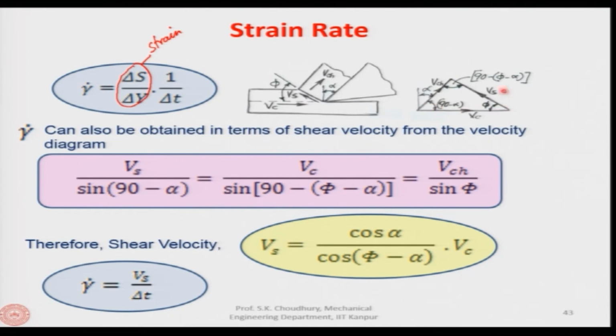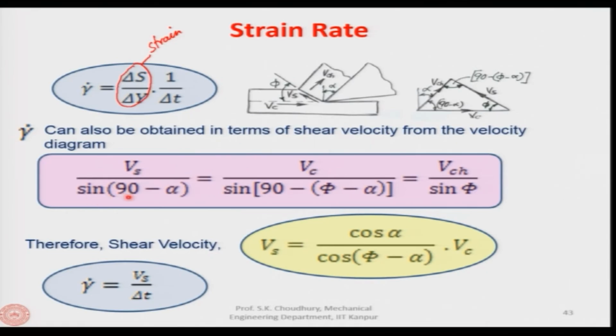So, if we have this triangle, we can use the sine rule and we can find out that Vs divided by sine of this angle equal to Vc divided by sine of this angle equal to Vch divided by sine of this. That is what we have written here.